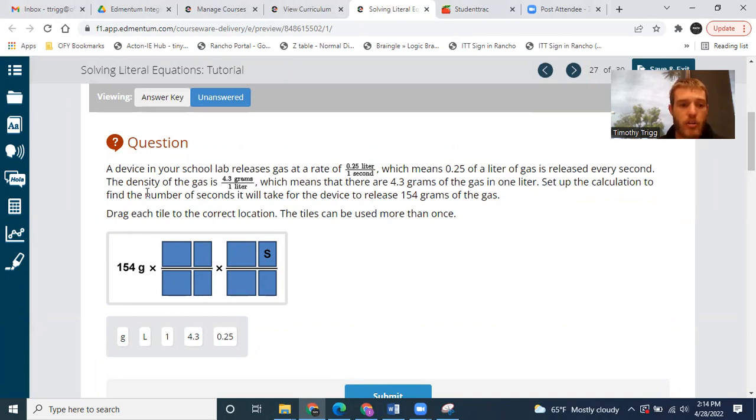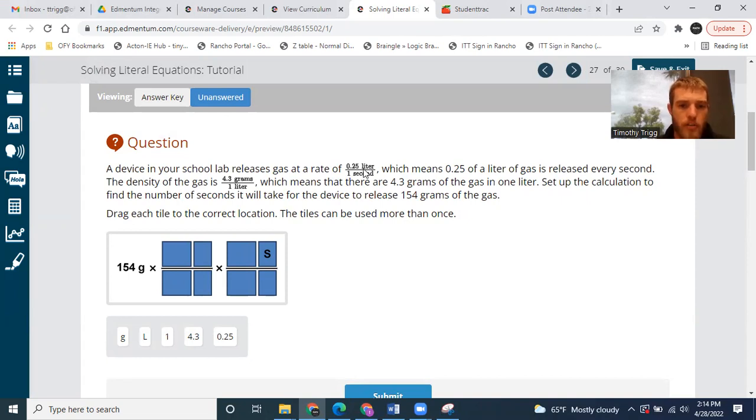Set up the calculation to find the number of seconds it'll take for the device to release 154 grams of the gas. Okay. So we want to be left with seconds in our answer.